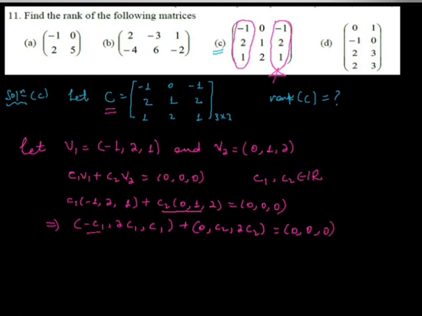By comparison, minus c1 is 0, which implies c1 is 0. From the second one, 2 times c1 plus c2 is 0, and since c1 is 0, c2 is also 0.